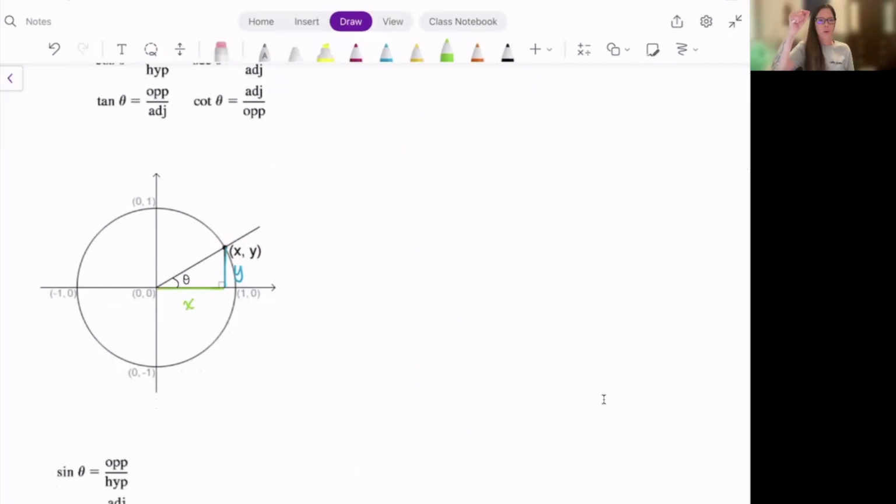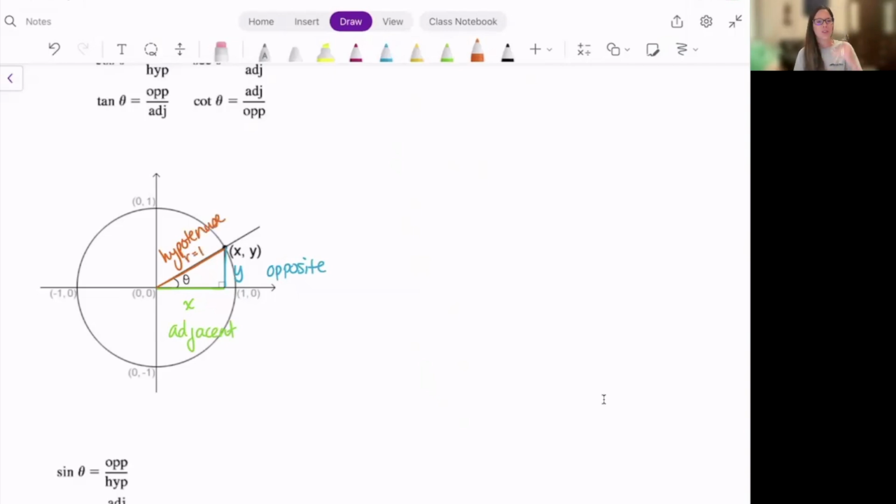And you notice that point is the coordinate that represents x, y. And then we have our hypotenuse. So this is opposite of theta, this is adjacent of theta, and then we have the hypotenuse. And for a unit circle, you notice the radius is 1.